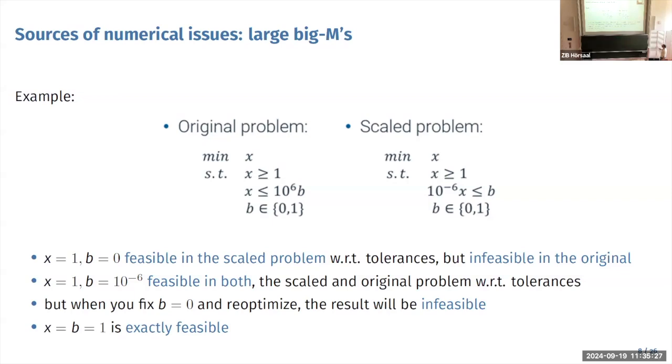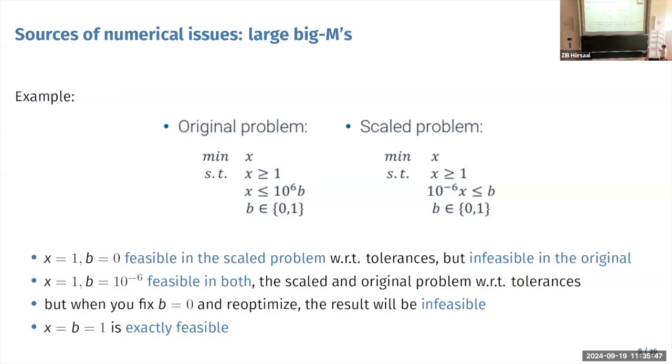If you type in x is 1 and b is 0, then the violation is exactly 10 to the minus 6. This should be non-positive, but it's 10 to the minus 6, but that's fine if our absolute feasibility tolerance is 10 to the minus 6.